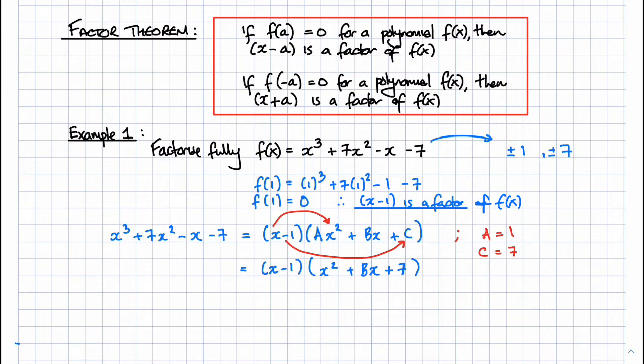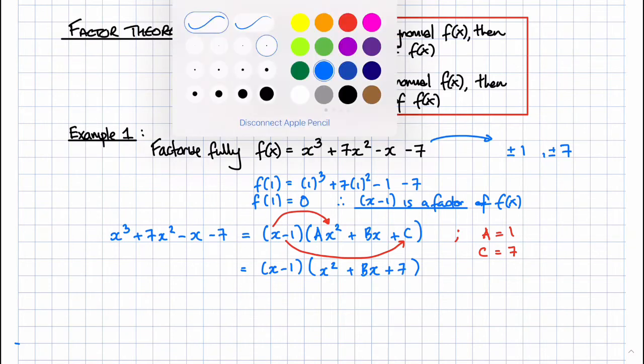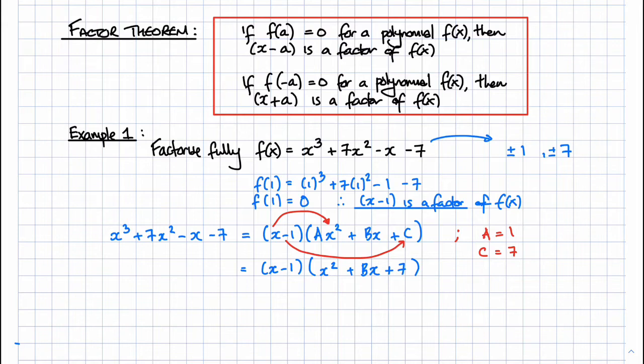Now this one's a little bit trickier. It's not as simple as just multiplying one term in one bracket with the other term in the other bracket like we did above. So we're still going to do some multiplication, but we're going to multiply two particular terms. We're going to multiply x with bx. That gives us bx squared.